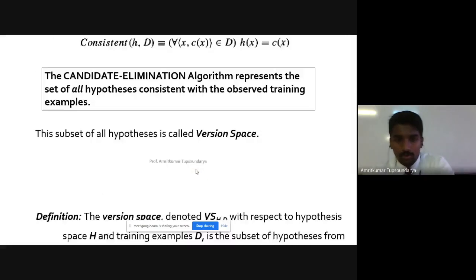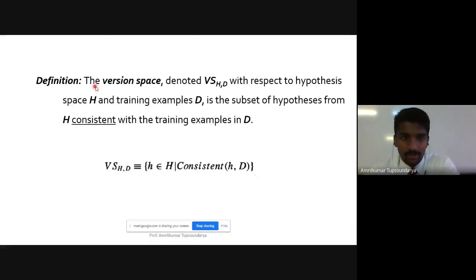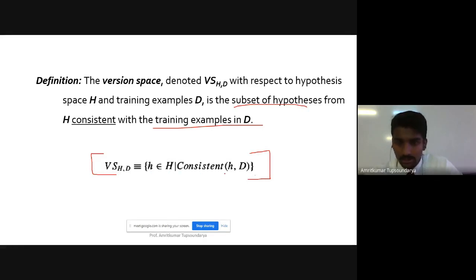Now, to go into more depth, the version space is denoted as VS_H,D, the version space with respect to hypothesis space H and training examples D. The version space is a subset of the hypotheses from H consistent with the training examples D, which can be defined with this expression, right? VS_H,D is equivalent to the set of h belonging to capital H such that h is consistent with the training examples D.